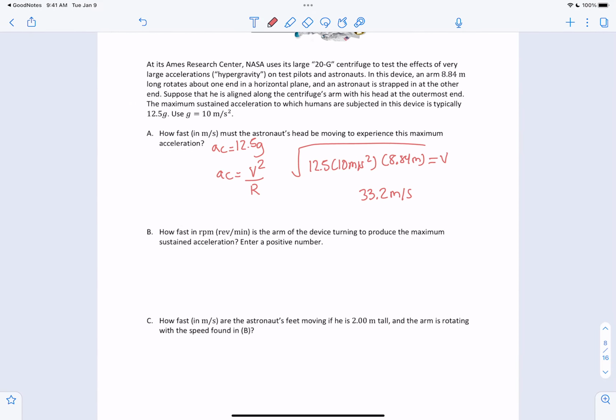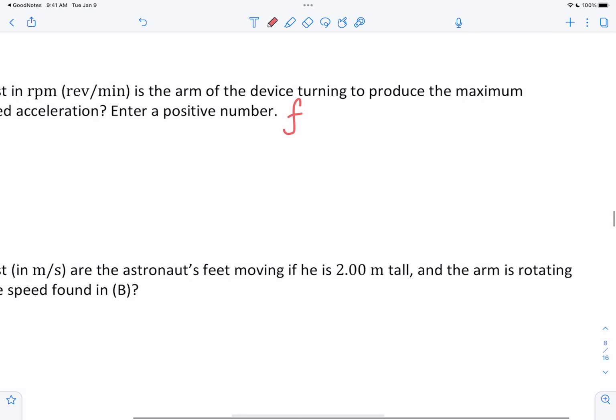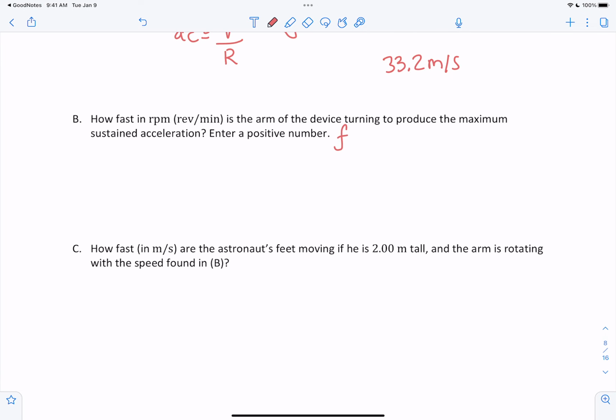Now, B is asking us for how fast in RPMs, revolutions per minute. What is that an indication of? Frequency, right? So how fast is the arm of the device turning to produce the maximum sustained acceleration? So we're looking for the frequency in this case.